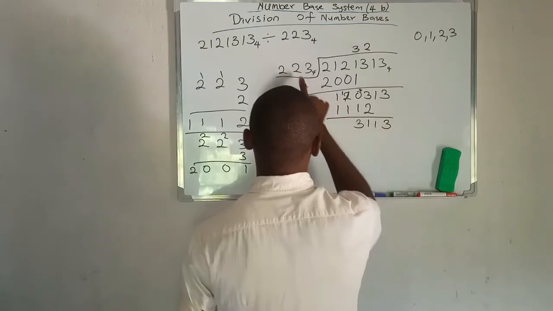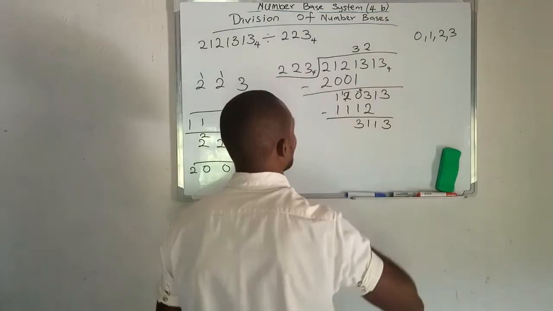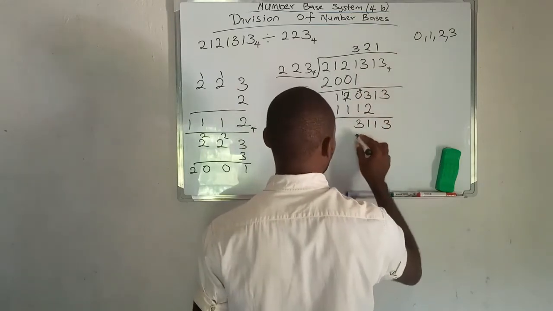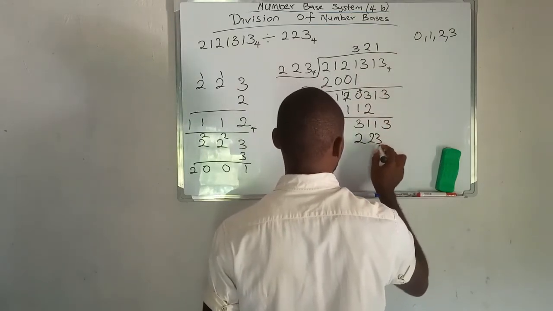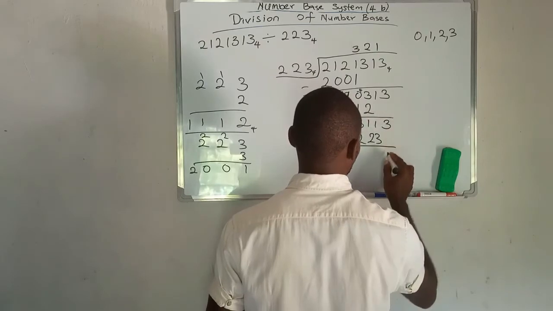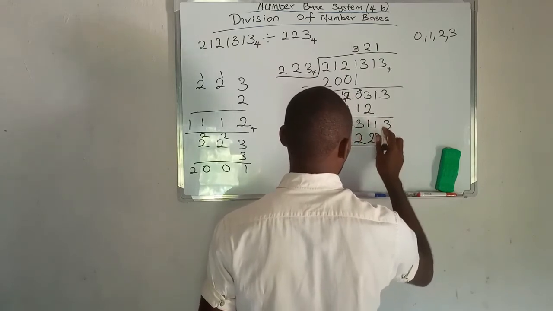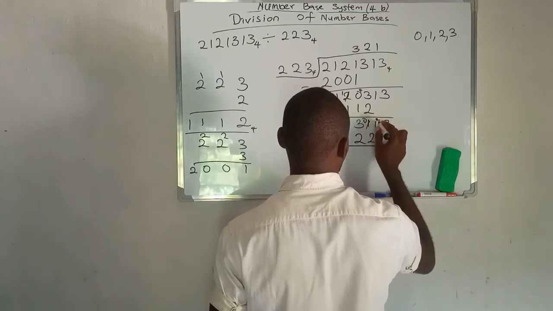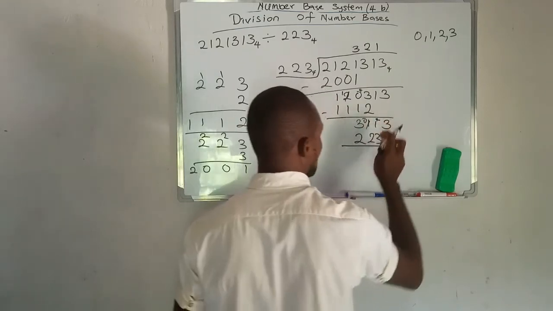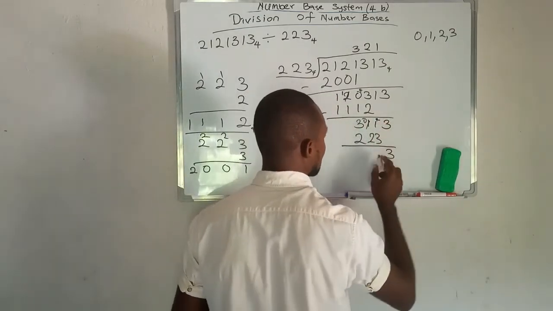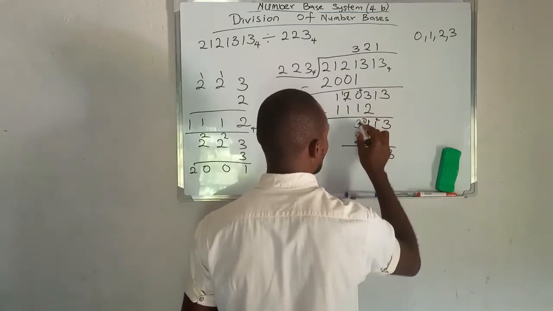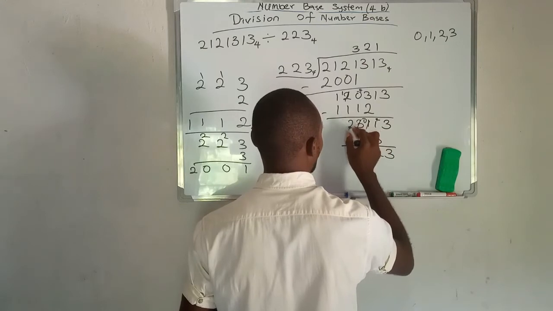And 3, 1, 1 is greater than this. So we use 1 to multiply this. So we have 2, 2, 3 here. So we bring down 3 here. 1 minus 3. Borrow from here, we have 0, and we have 4. 4 plus 1 is 5, and 5 minus 3 is 2. So we have 0 here. We borrow from here, we have 2.